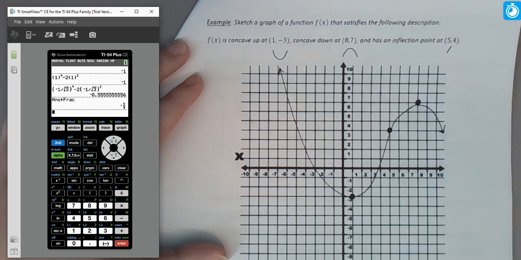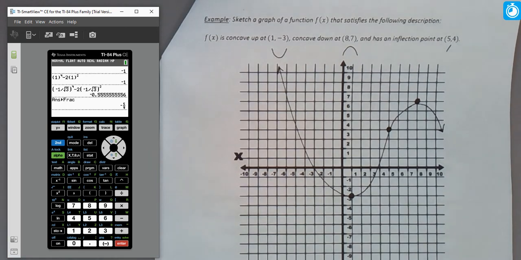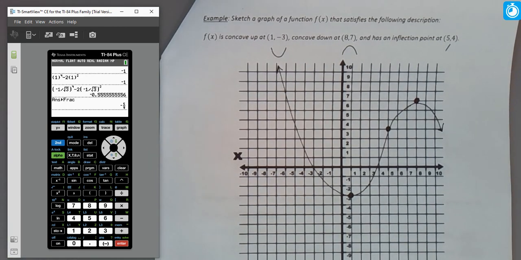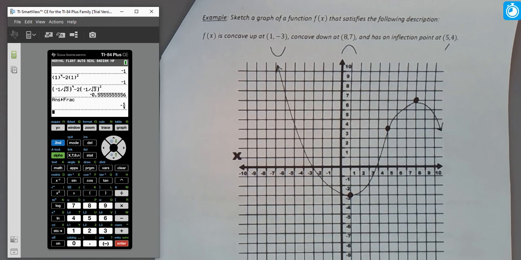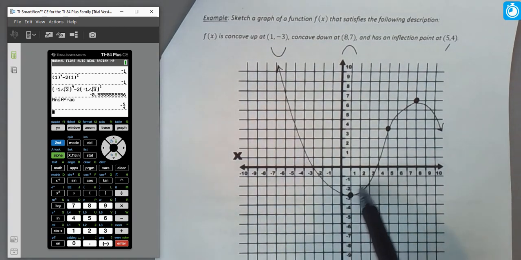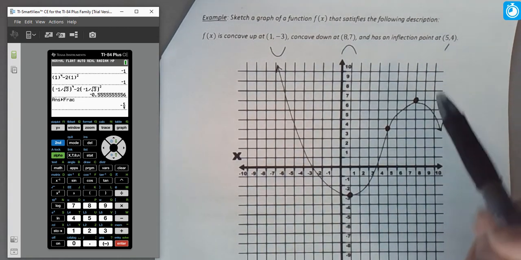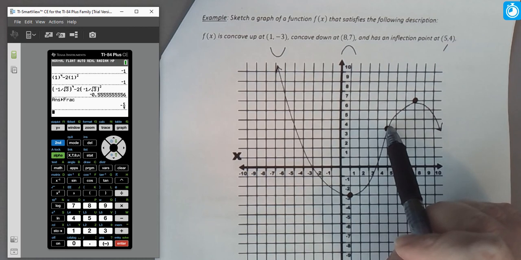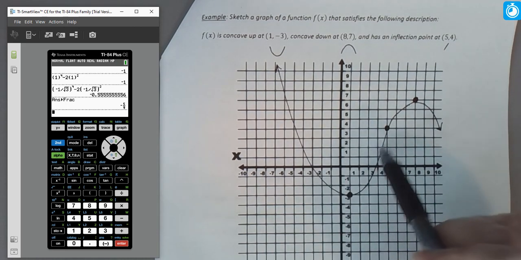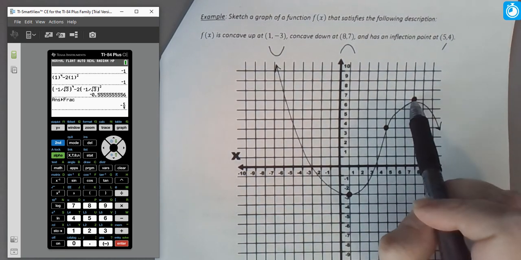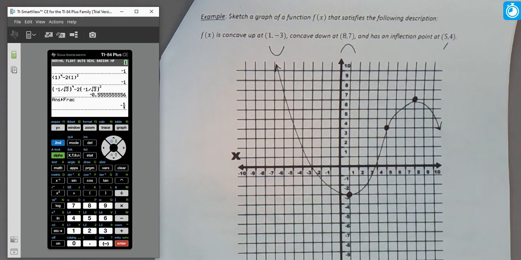So you see I'm using pen. I would encourage you to do these with pencil, particularly as you're starting to learn in general what these shapes look like. Do it with pencil because you're probably going to have to erase, make some changes here and there, and that's perfectly fine. So we're concave up through this point. We have an inflection point here where our concavity changes from upward to downward concavity, and then we're concave down at this location at the point (8, 7).